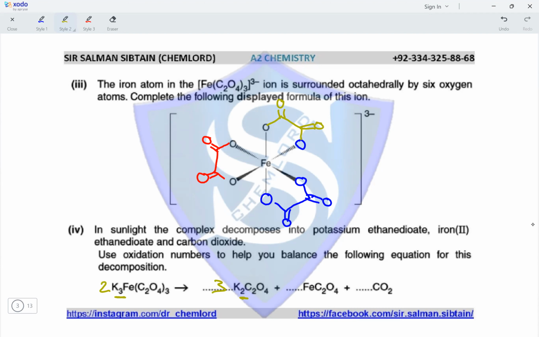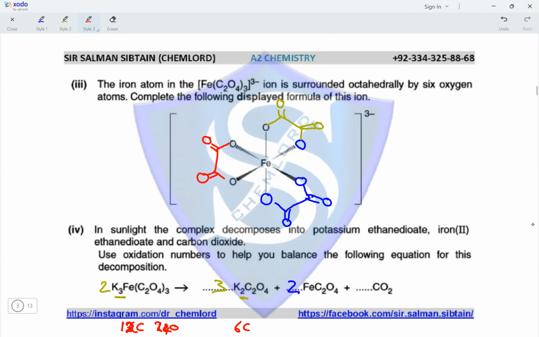So we place 2 over here, and now, in order to balance the carbon and oxygen, let's calculate the carbon and oxygen on either side. On the left, we've got 2 3s are 6 carbon, and 4 3s are 12 oxygen. On the right, so far, we've got 3 2s are 6 carbon, and this would be multiplied by 2 because we've placed 2 over here. I'm talking about the one on the left. So 12 becomes 24, 6 becomes 12.